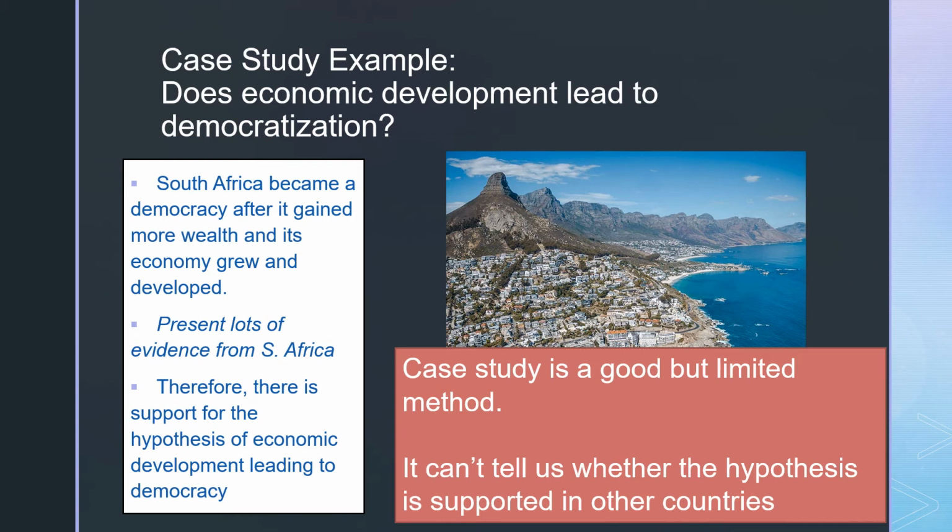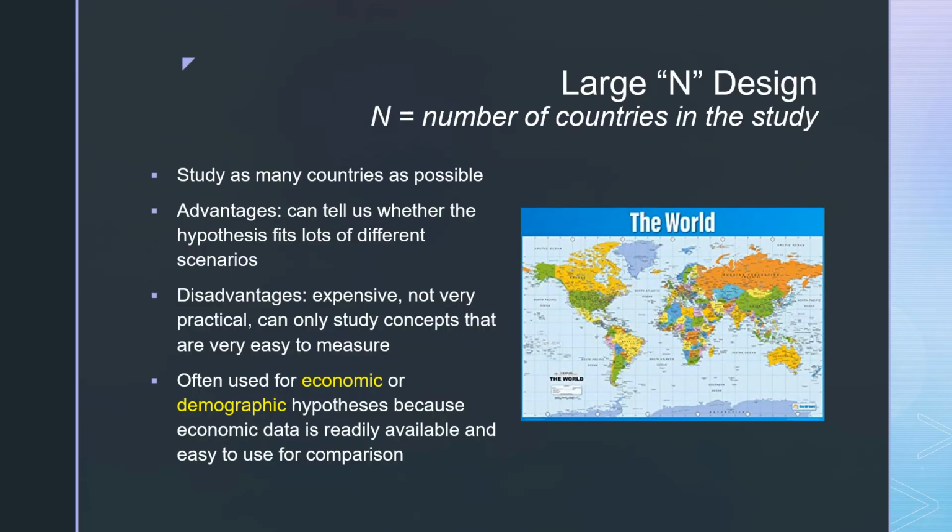South Africa, also, any individual country is going to have lots of exceptions and lots of uniqueness in its history. Certainly South Africa's history is much different than lots of other countries' history because of its history of colonization and apartheid. So case studies are very good because we can get a lot of deep information, but they're not as good at supporting our hypotheses because, again, it is just one case.